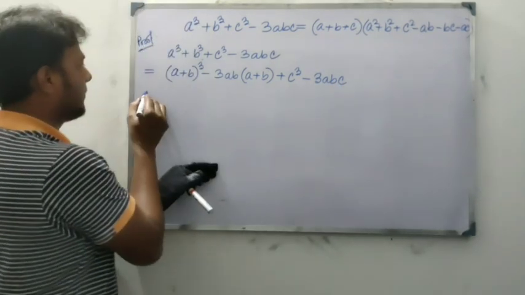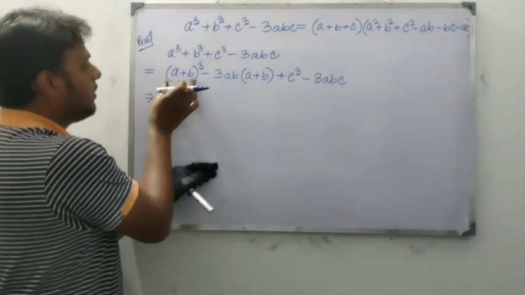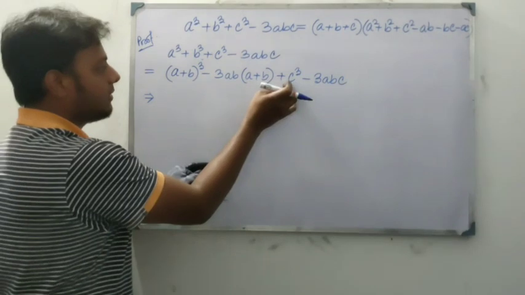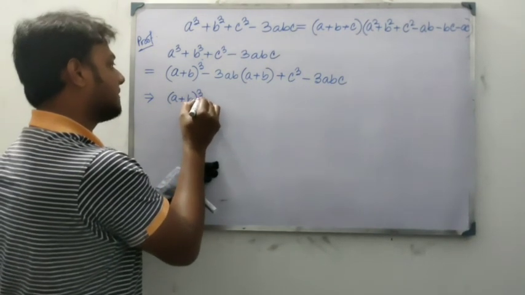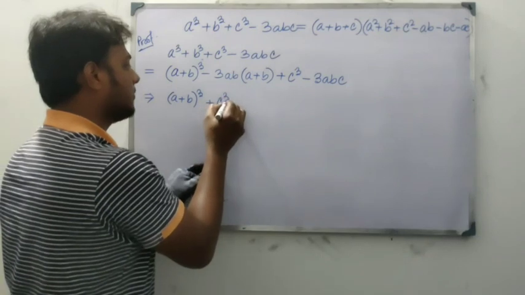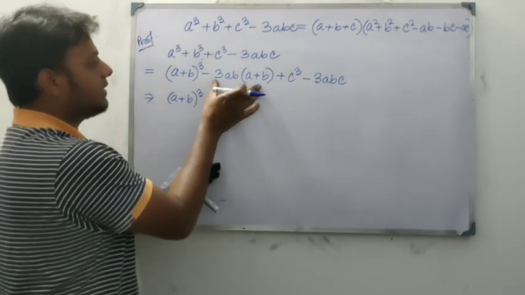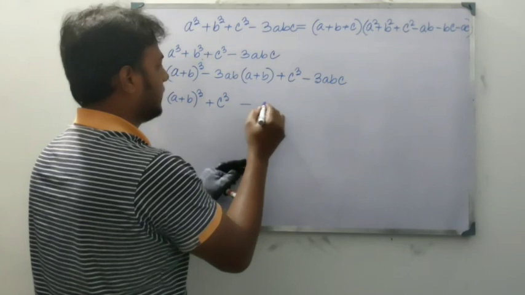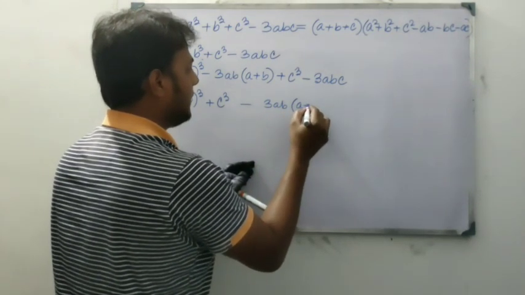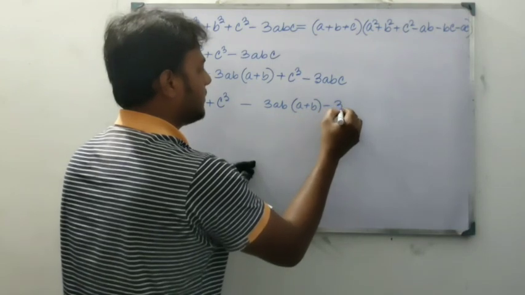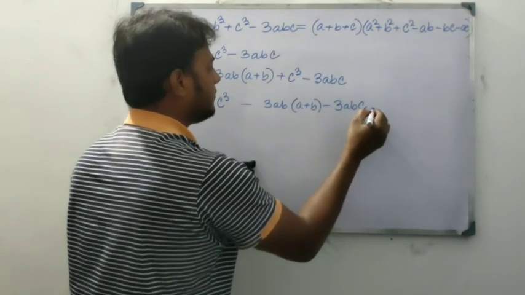Next. Again we will consider this term and this term: a plus b whole cube plus c cube. We make the group, and rest this term, minus 3ab into a plus b, minus 3abc.